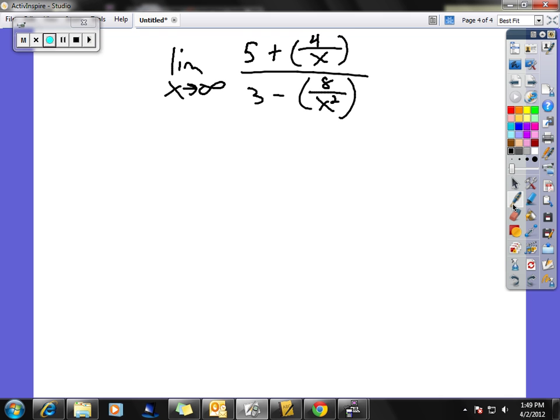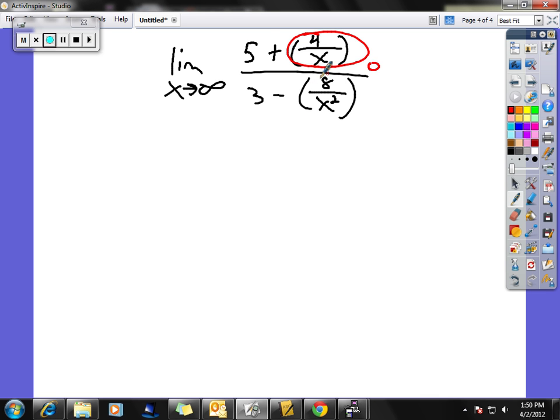So if we just look at this 4 over x, what is that when x goes to infinity? What is 4 over x when x goes to infinity? 0. Okay, you guys got to get that down. If you have a number over infinity, that's 0. So that part of it's 0.